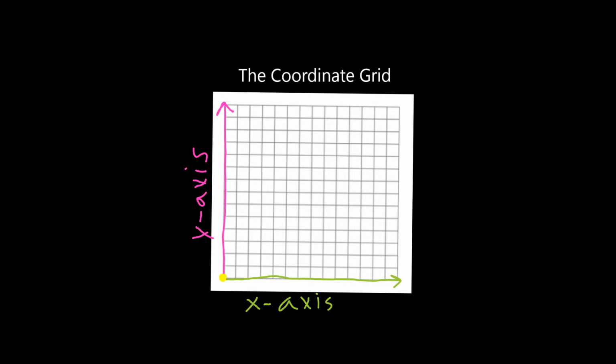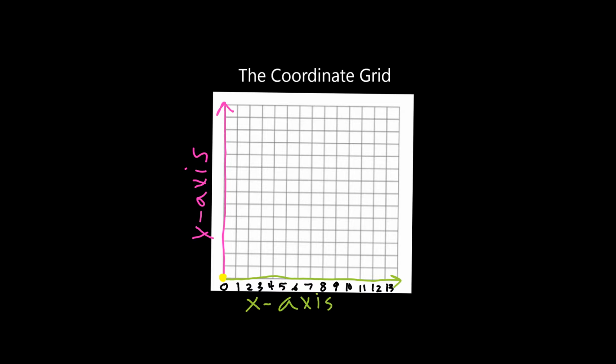Now here's my coordinate grid again. Before I start plotting points, I want to label the x and y axis with numbers. On our x-axis, the origin again was at 0, 0, so it starts with an x value of 0, and then I count up from there. So 0, 1, 2, 3, 4, 5, 6, 7, 8, 9, 10, 11, 12, 13.